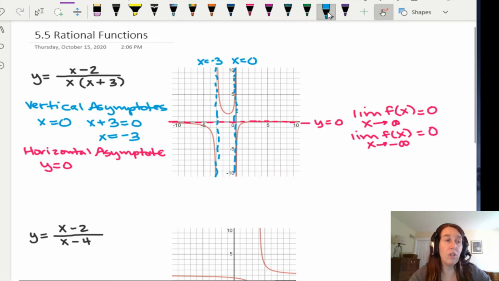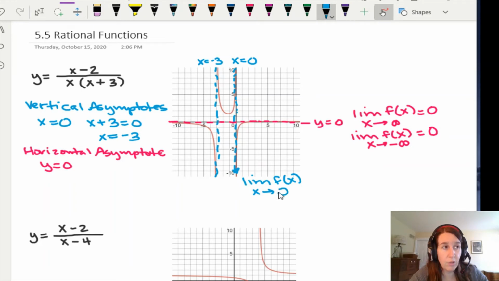Okay, so the new part really is what is happening at the vertical asymptotes. So let's take a look at the vertical asymptote x equals 0 first. See how the graph is going downwards right here? That would be the graph going towards negative infinity. We call that the limit of the function as x approaches the vertical asymptote.